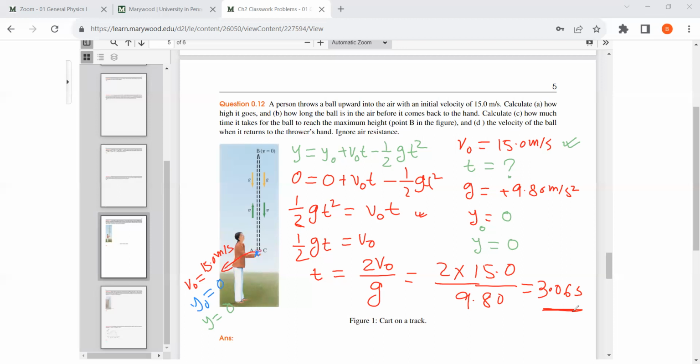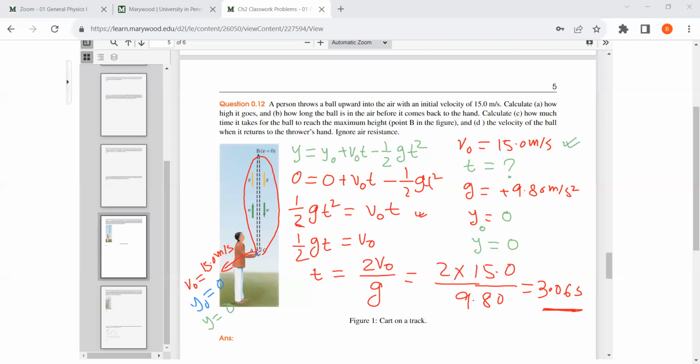If you ignore the air resistance, this time is equal to the time it takes to go from A to position B plus from position B to position C. So the total time, this 3.06, is the time it takes to go from A to B plus B to C.